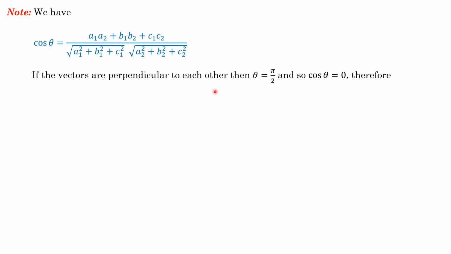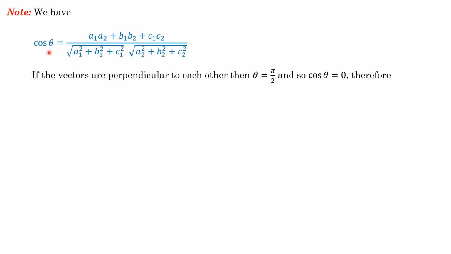We are writing a note here. Already we know from the previous screen that cos theta is equal to this one, but if the angle between these two vectors is pi by 2, that means theta is pi by 2, then what will we get? If the vectors are perpendicular to each other, then theta is equal to pi by 2, and so cos theta will be equal to 0.